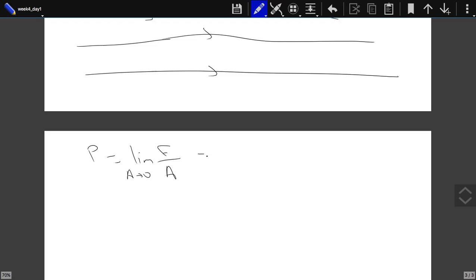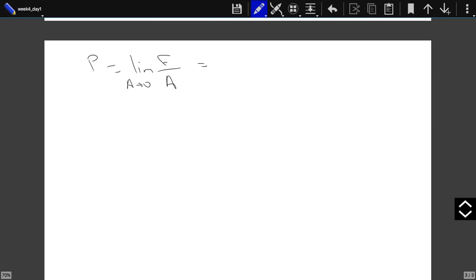So what is the force? You see, we have such a surface in an electric field. It doesn't have to be uniform. We have some electric field. And here in this region, we have an area A, and let's say the surface charge density is sigma. Now, what is the force acting on it?